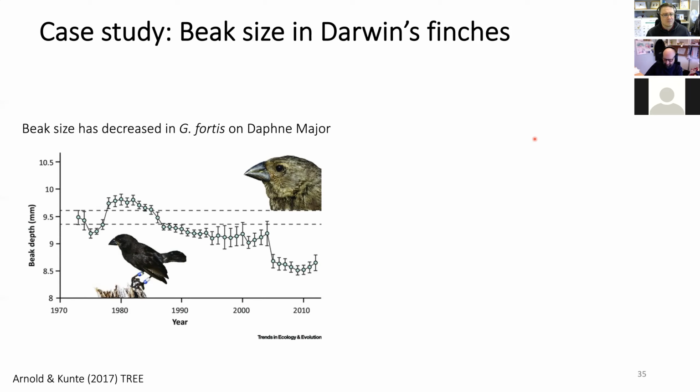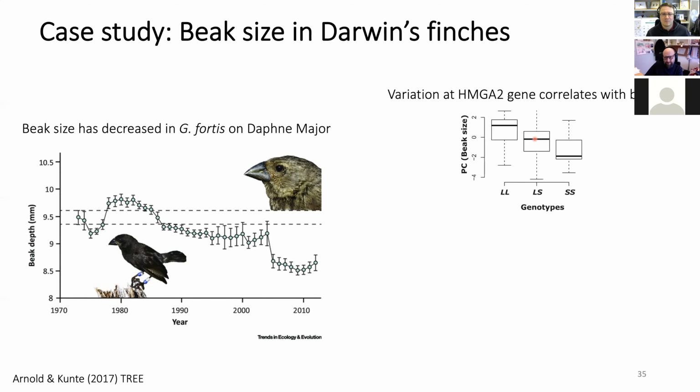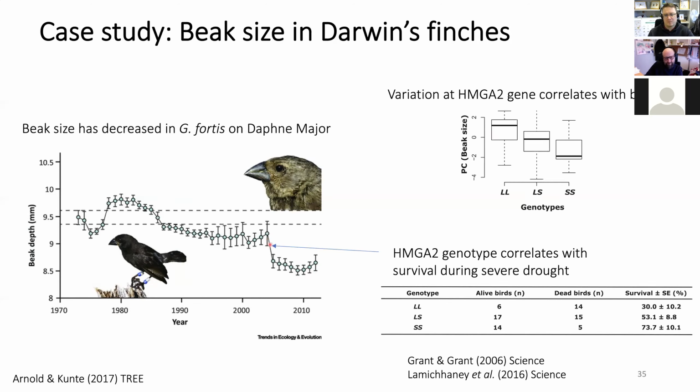In this case, it was possible to identify a gene with a very large effect, where genotypes at this gene correlate quite strongly with differences in beak size. And it was also possible to show that survival during a period when there was a large drought, and the beak size dropped a lot because it was necessary to switch to different food sources, correlated strongly with the genotype.